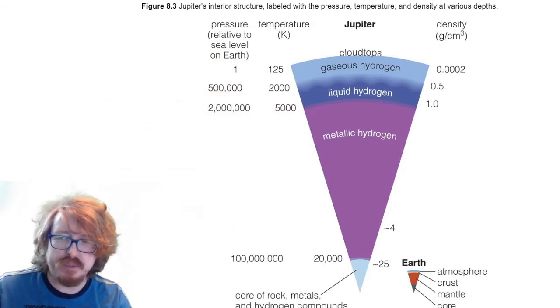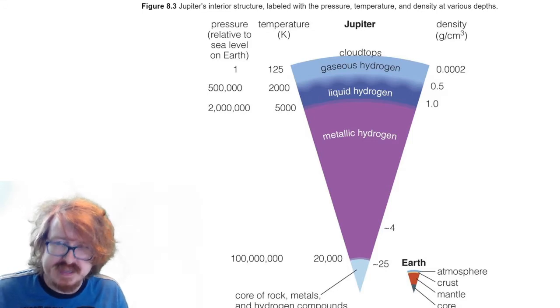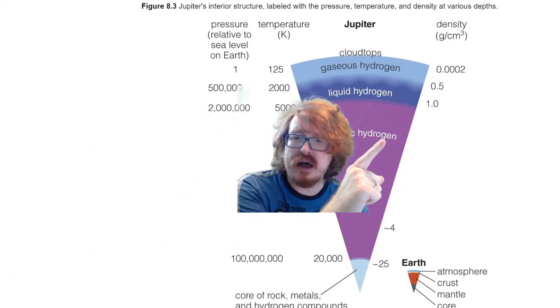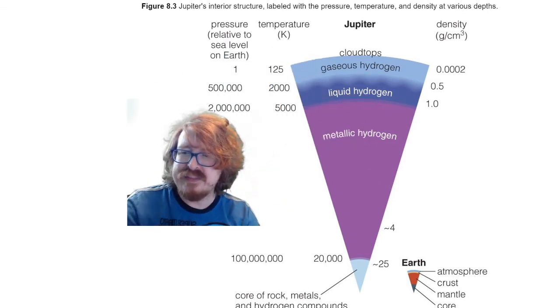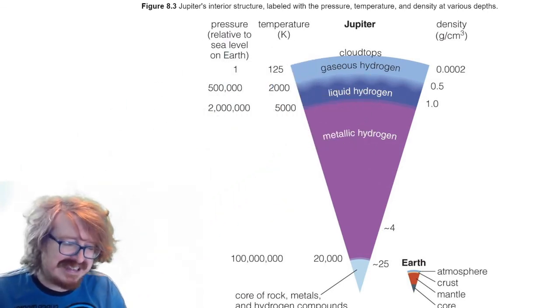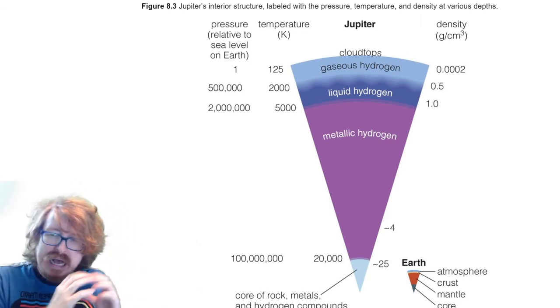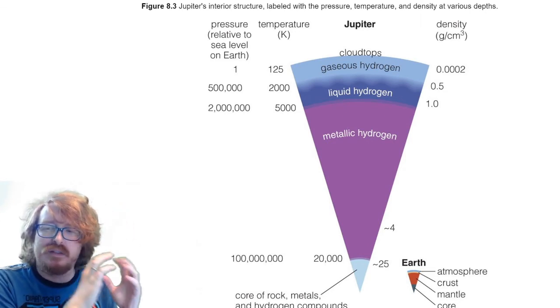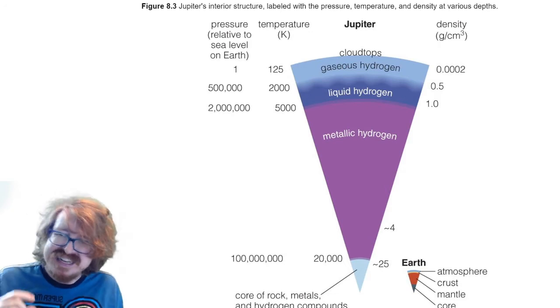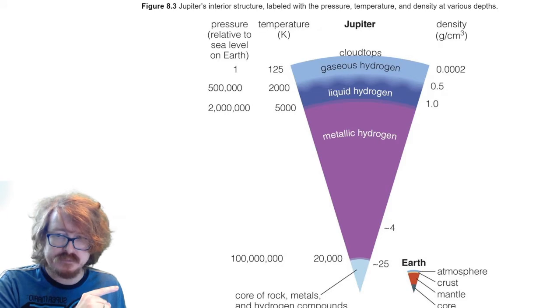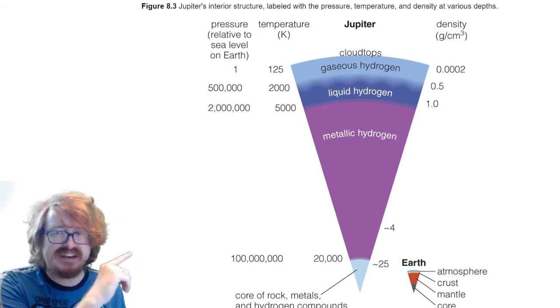Now, Jupiter's very, very big, and you'll notice that all of the other layers here are labeled with hydrogen. That's because the only things that there's enough of to make something this large in the universe is hydrogen and one other element. They're not listing that here, and I don't like that.